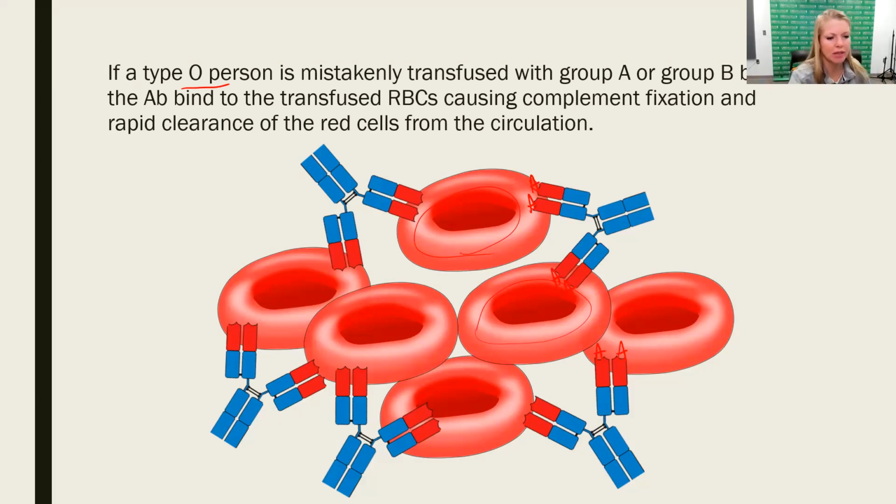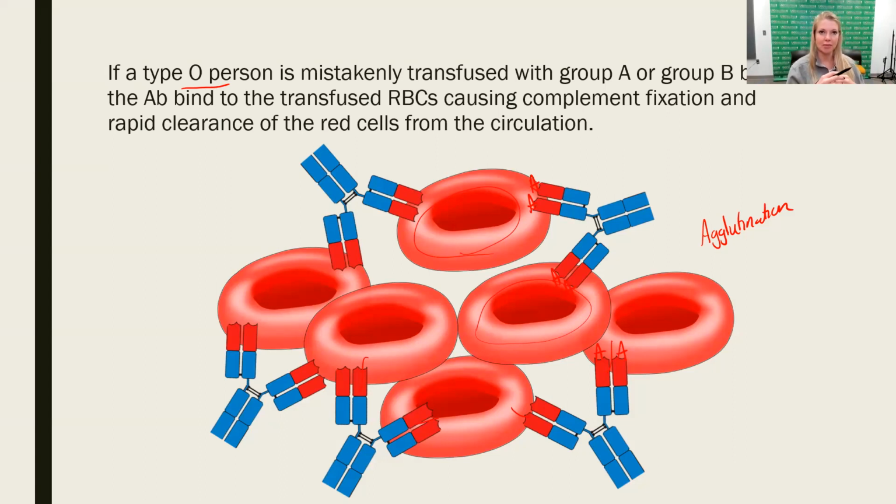Agglutination. And this is what happens during a red blood cell transfusion that is incompatible. These antibodies will bind to the surface of the red blood cells and then end up joining multiple red blood cells together and cause this clumping.